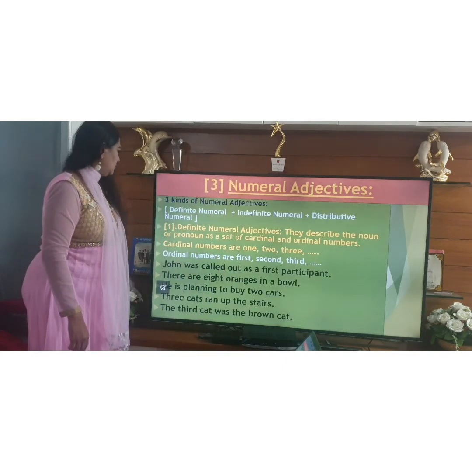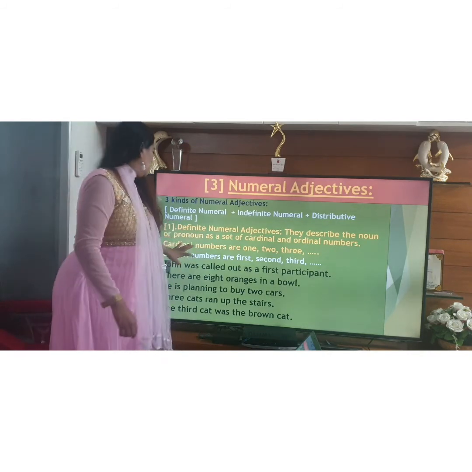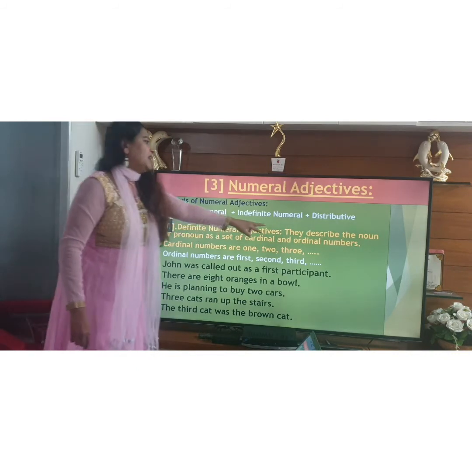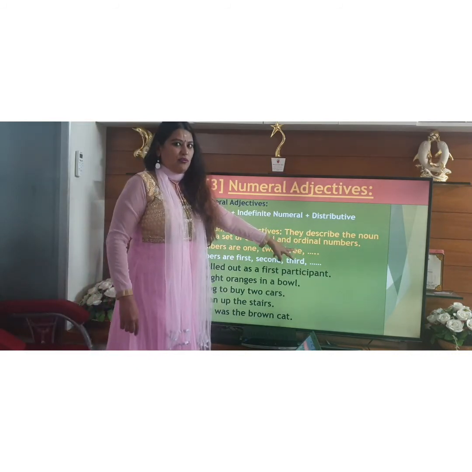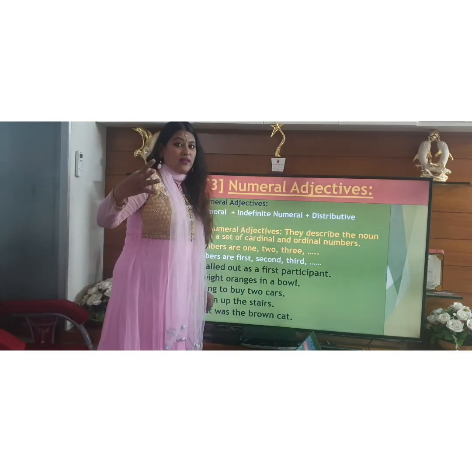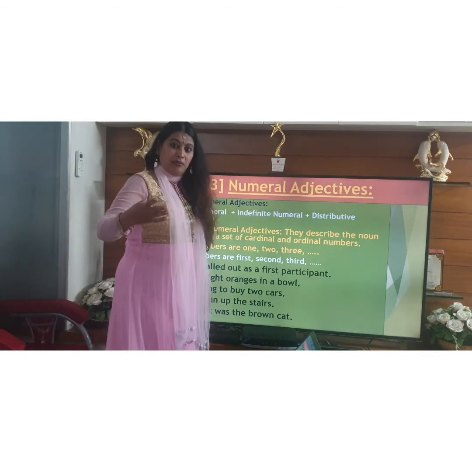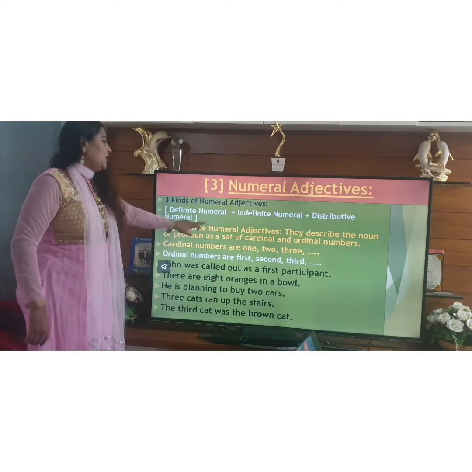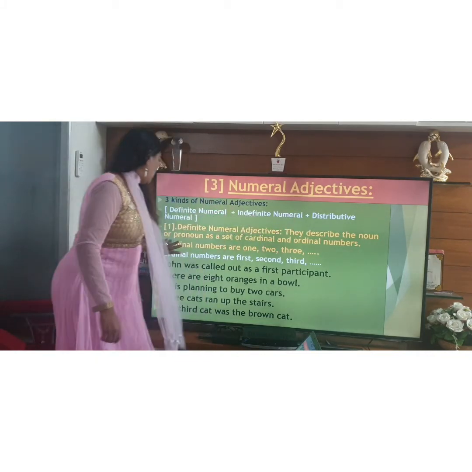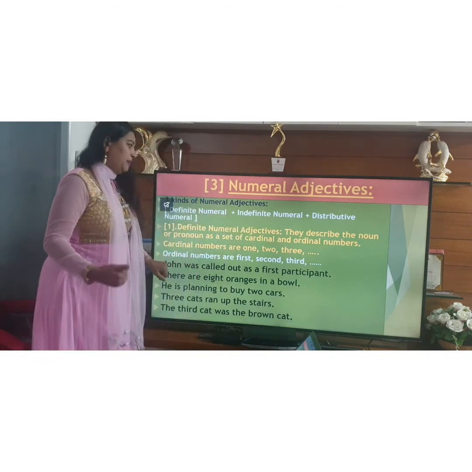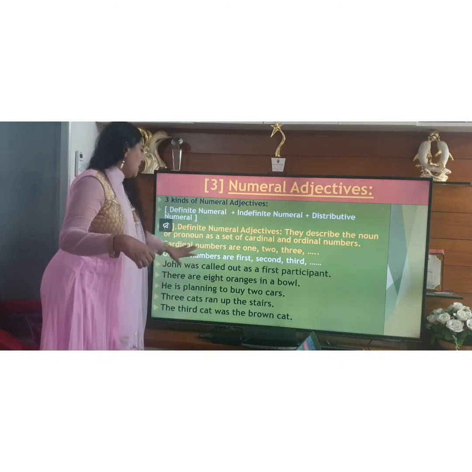Now, as I said, I'm going to definite numeral adjectives. See, definite numeral adjectives describe the noun. We finished definite numeral. In that only 4 classifications were there: cardinal, ordinal, fractional and multiplicative. Definite numeral adjectives describe the noun or a pronoun as a set of cardinal, ordinal, multiplicative and fractional.